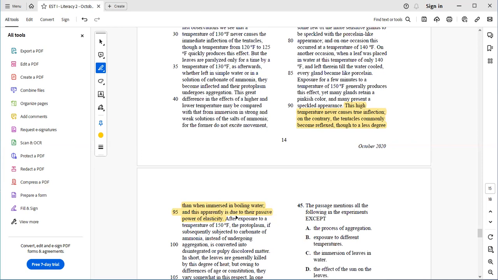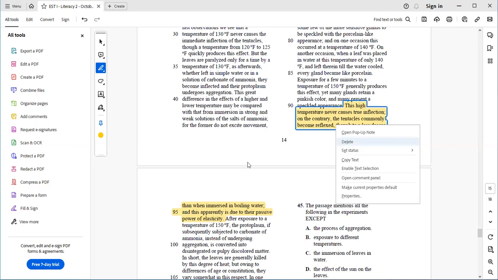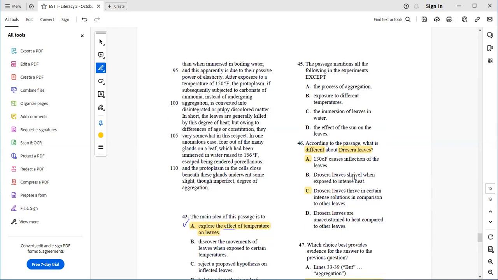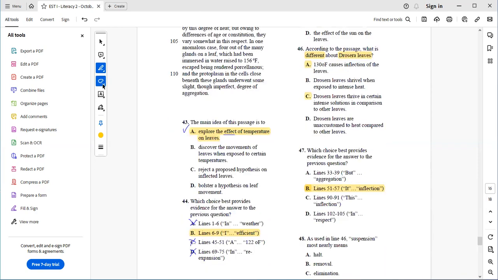And this apparently is due to their passive power of elasticity. Just wait, teacher. It didn't talk about Drosera leaves, so it's not the right answer. So C is wrong. And we said also A is wrong. Let's look at D from 102 to 105, from N till respect.